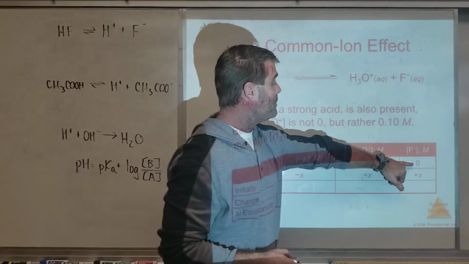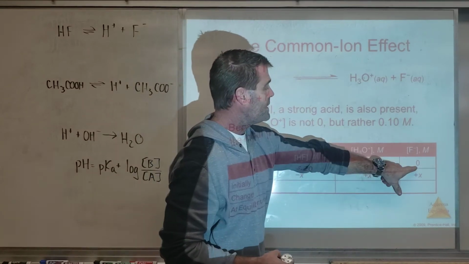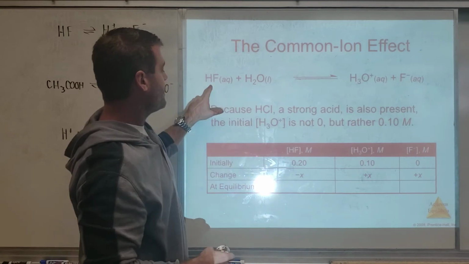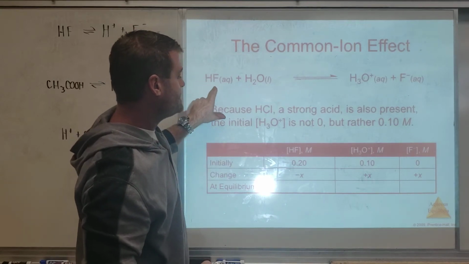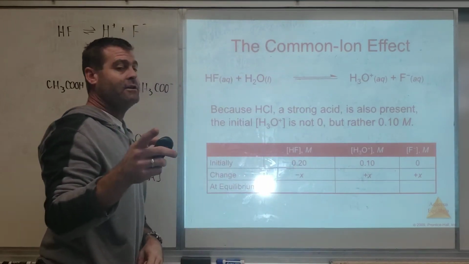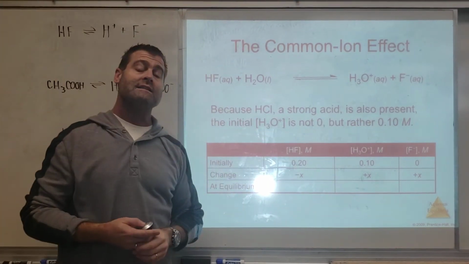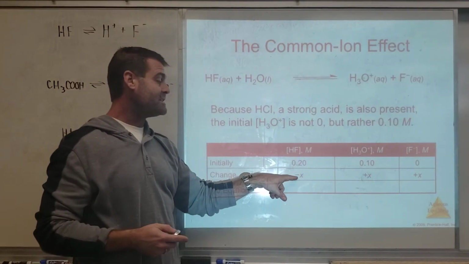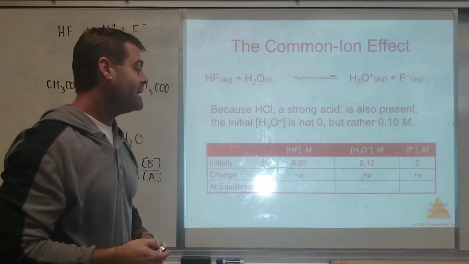Before this dissociates, that's 0. Some of that is still going to dissociate, and we call that X. For every X that dissociates, we form X amount of each product. But remember, hydrofluoric acid is a weak acid, so X is going to be extremely small relative to the initial concentration.